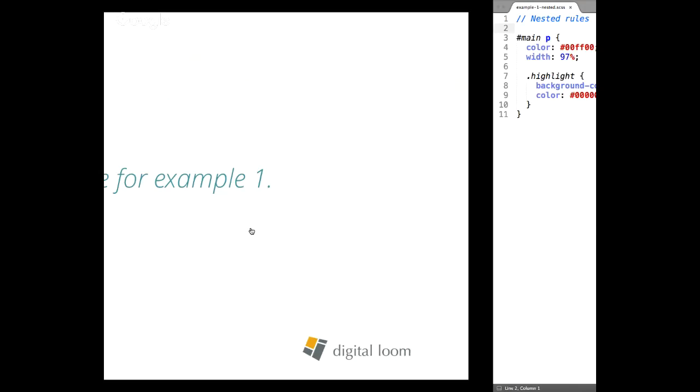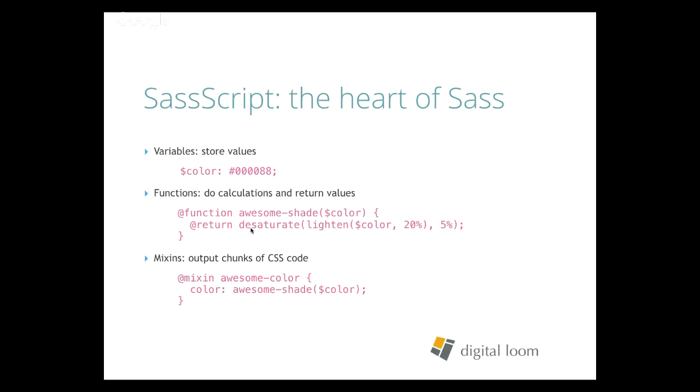There will be something else, because the heart of Sass is actually Sass script, which allows you to use variables, functions, and the special thing that is called a mixin. So variables are variables. They allow you to store values and manipulate them. Functions allow you to do calculations and return values that can be reused, that can actually be used in code.